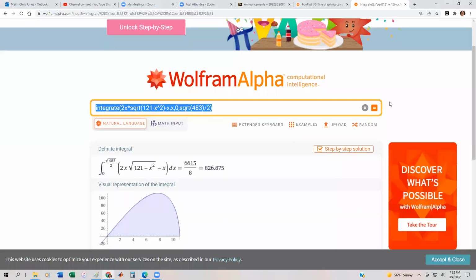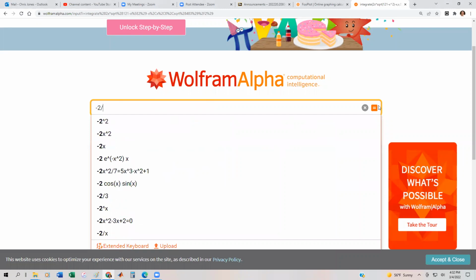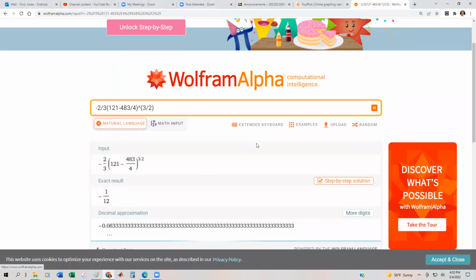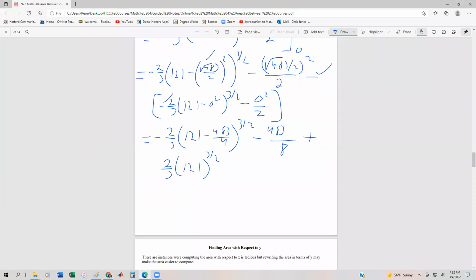Moving back here, remember we had negative 2/3 times 121 minus 483/4, and we raise that to the 3/2 power. We compute that: negative 112. That's not too bad. Minus 483/8. And then we have plus 2/3 times 121 to the 3/2.